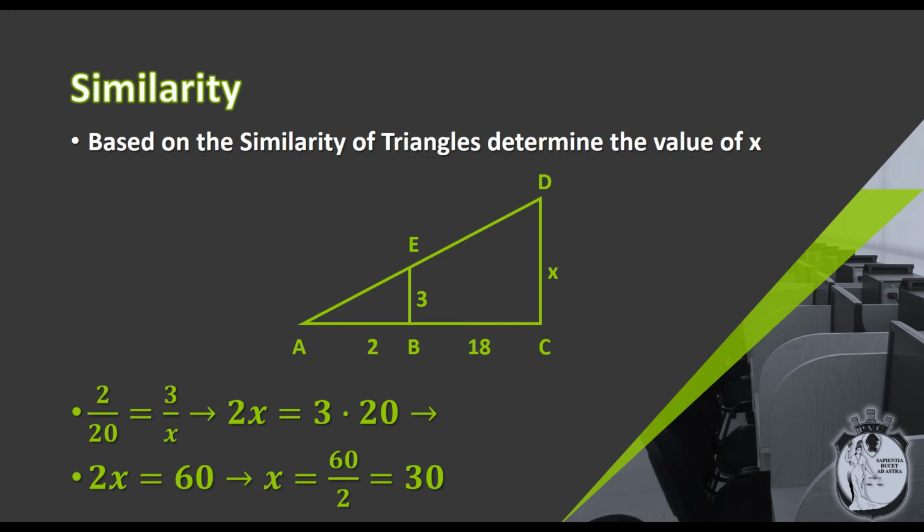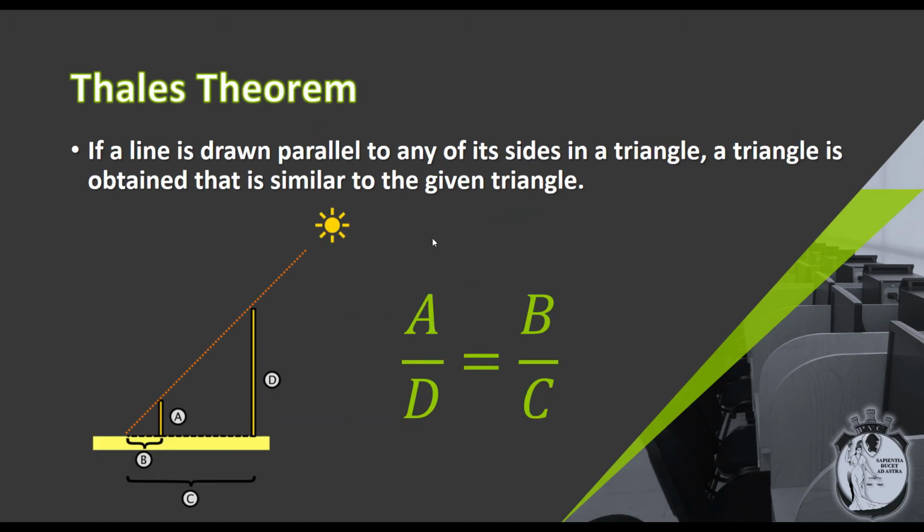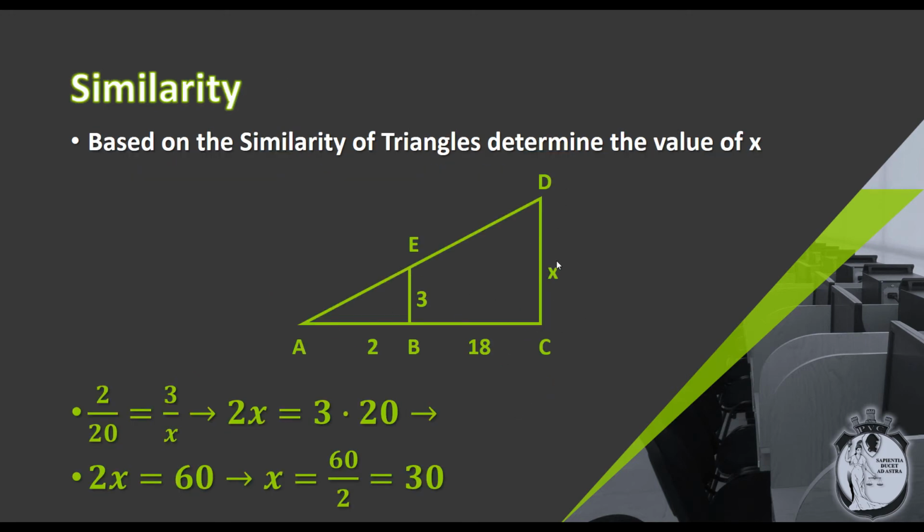What you need to do, remember, is compare side by side and the same triangle. Here we have two triangles, one inside another. The smaller triangle is a little triangle with measures AB is 2 and BE is 3.